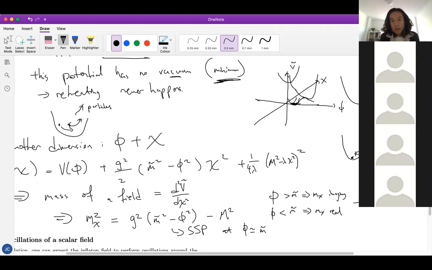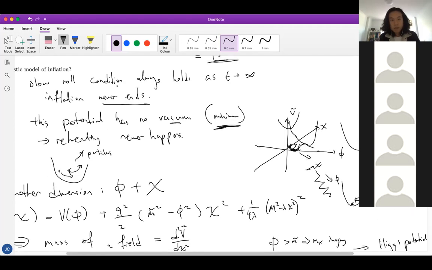So then you can oscillate inside this vacuum while still going ahead in the phi direction. You're kind of zigzagging along. You're oscillating in the chi direction, but still traveling in the phi direction. And that's fine because the oscillation in the chi direction will eventually create reheating and also break the slow roll condition.